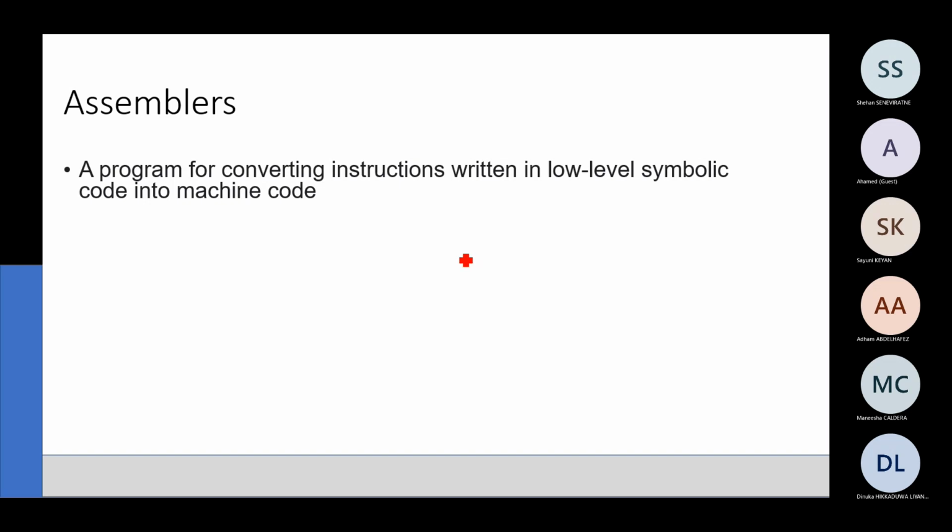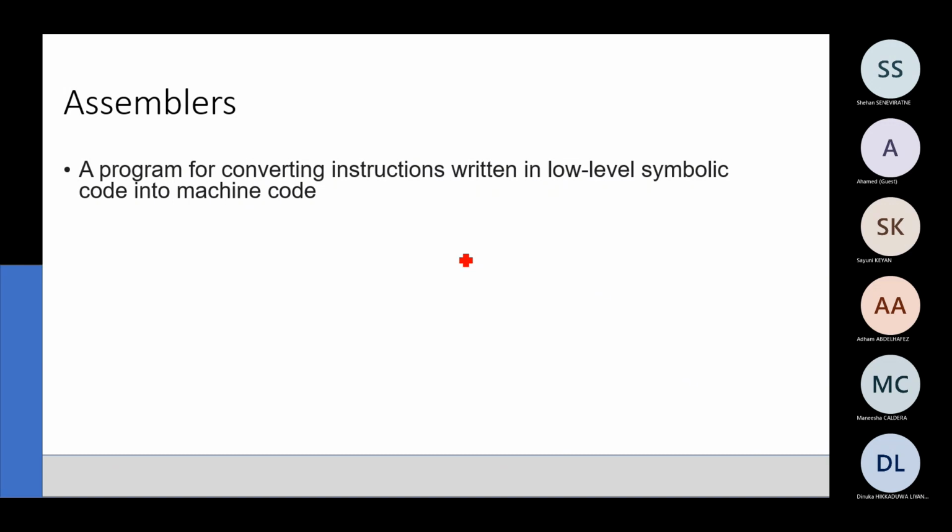So assemblers are mainly focused on a specific task: providing a conversion process, converting the instructions written in low-level symbolic language. I think we have gone through some of these things a few weeks back, even some of the symbolic language and symbolic codes.